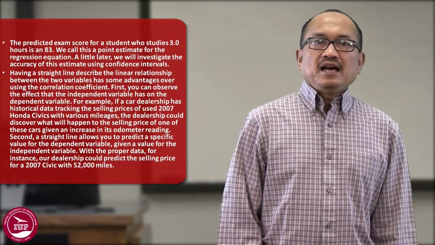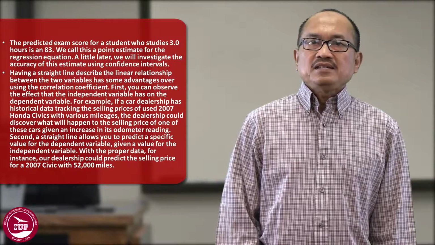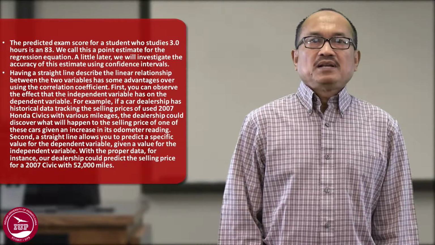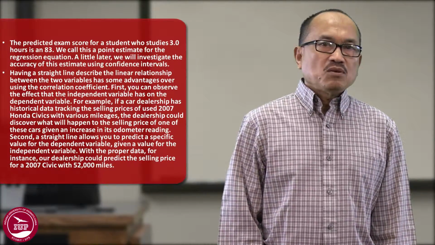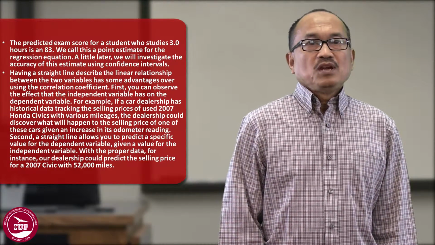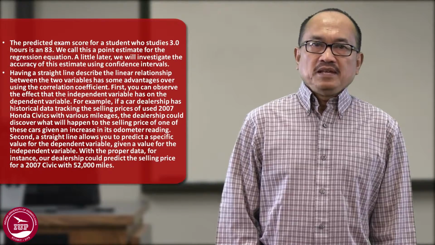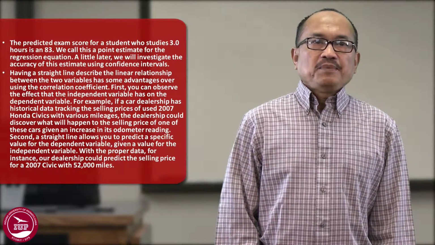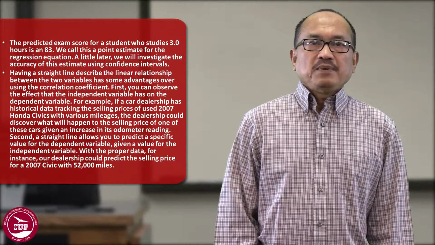Having a straight line describe the linear relationship between the two variables has some advantages over using the correlation coefficient. First, you can observe the effect that the independent variable has on the dependent variable.